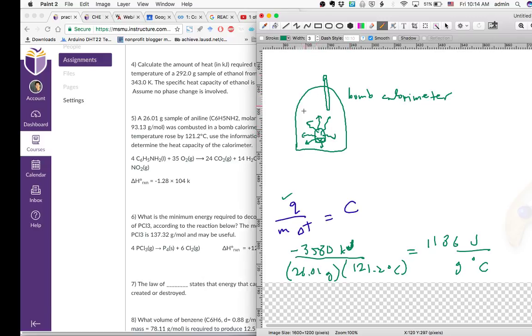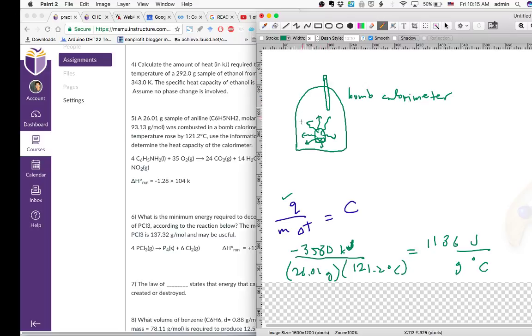It's the temperature change of the metal bomb calorimeter. It's a lot of metal here, so that temperature change got measured, and you can calculate the heat of the chemical reaction by using that temperature change, that measurement right here.